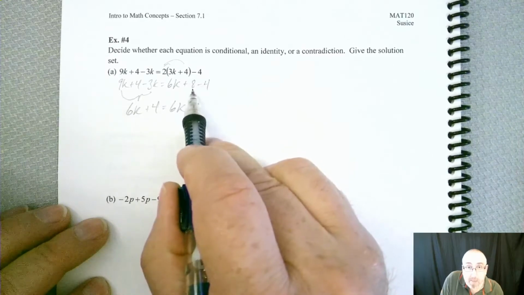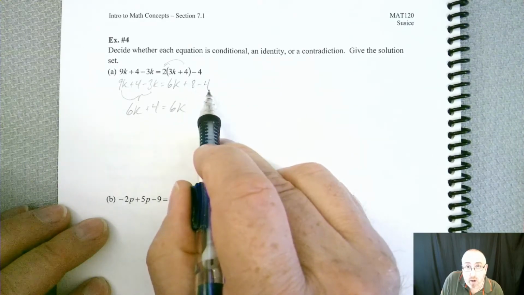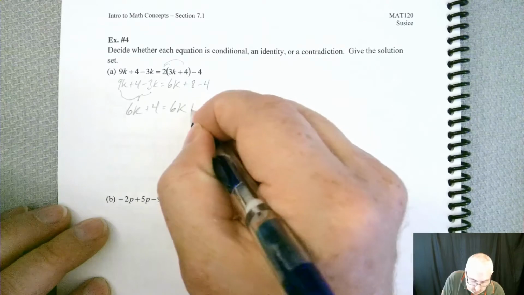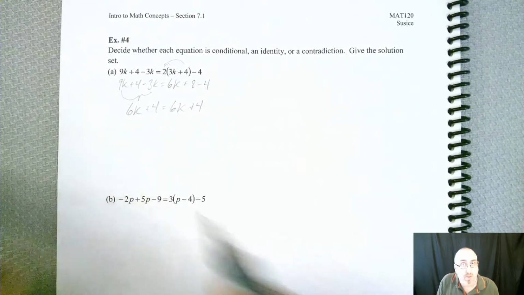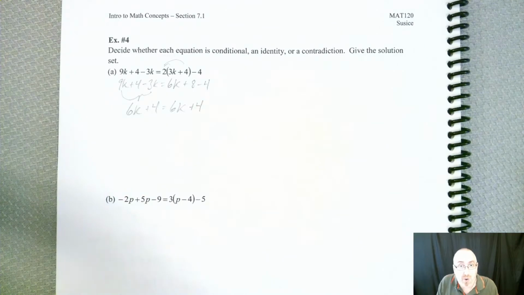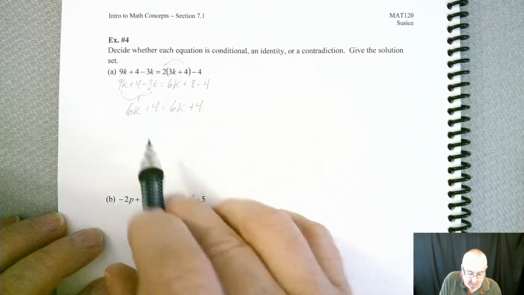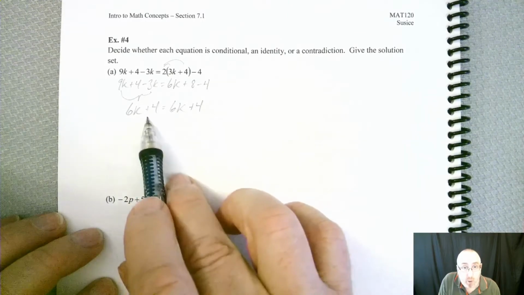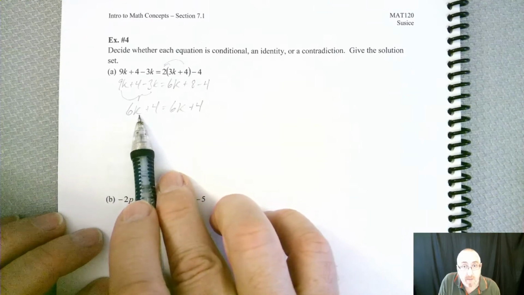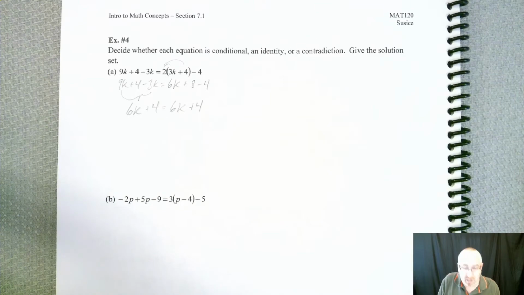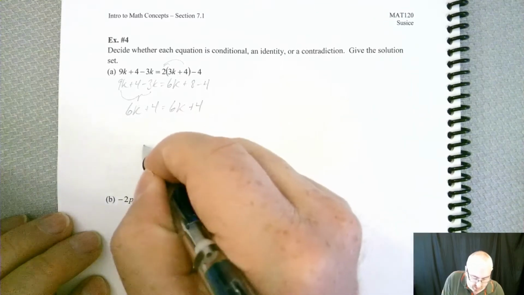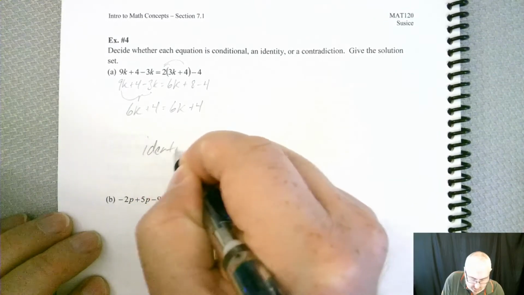And then plus 8 and a minus 4 is another plus 4. So we got 6k plus 4 and 6k plus 4. Some bells and whistles should be going off at this point because you got exactly the same thing on both sides. When you have exactly the same thing on both sides, that means it's an identity. No matter what number we plug in for k here, we're plugging in the same number for k here, so those two sides will be equal no matter what. So this is an identity.